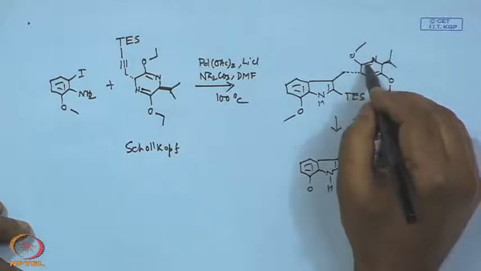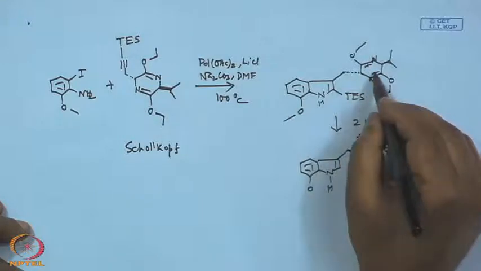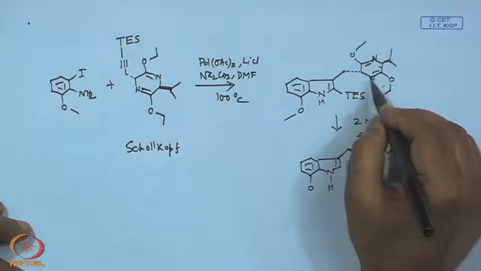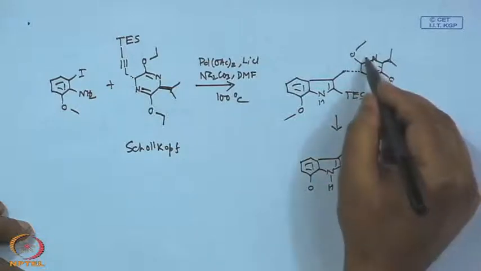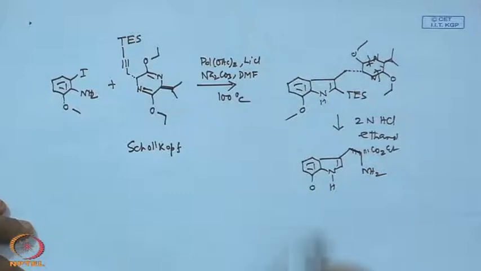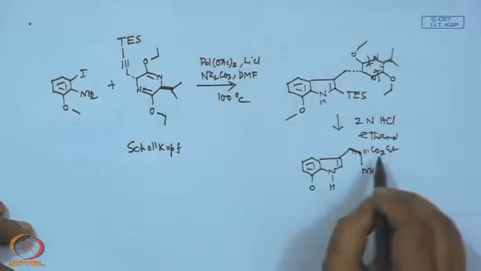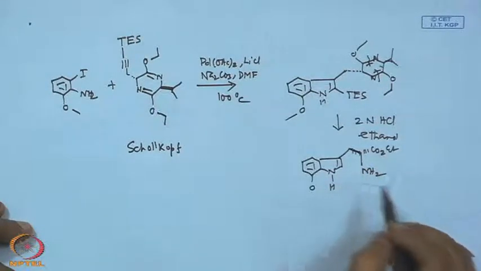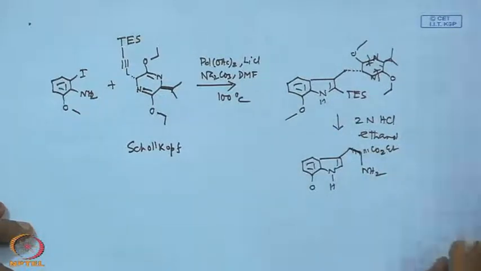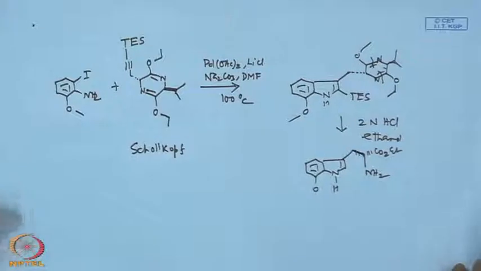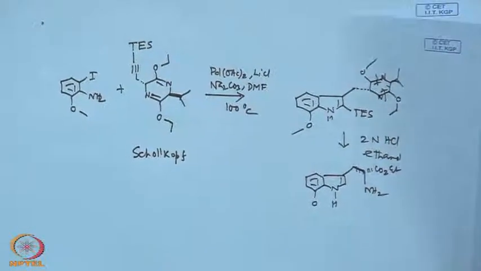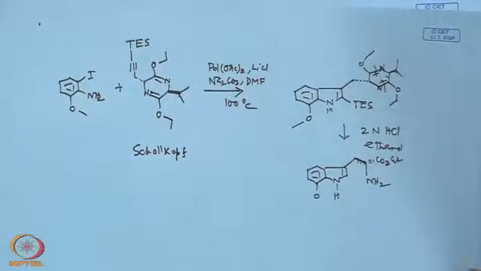Hydrolysis would give you this ester here, and on this side this would be valine, the other should be this amino group. That means hydrolysis would take place at the imine position. So, one side will generate this amino group and the other side will have the ester group. It is nothing but a tryptophan derivative, and under the same condition desilylation also takes place. So, it is a nice way of getting these optically active tryptophan derivatives.